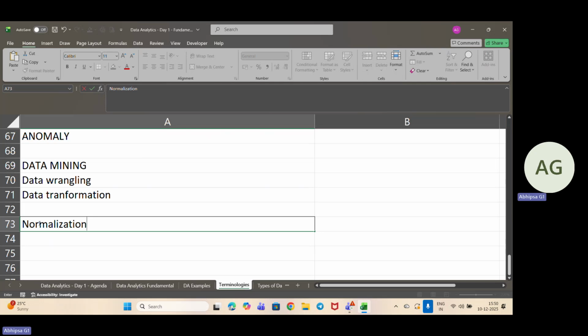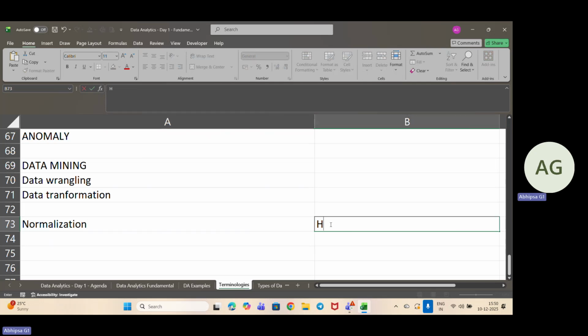The height in centimeters ranges from around 100 to 150 centimeters. Also, you have the weight in kg, and that ranges from 40 to 80.